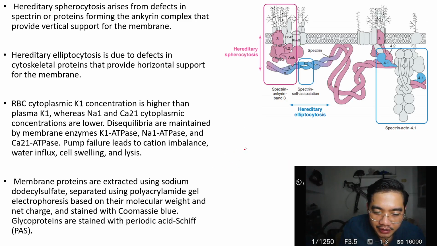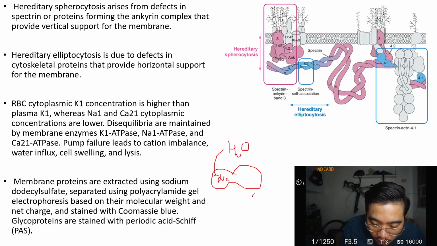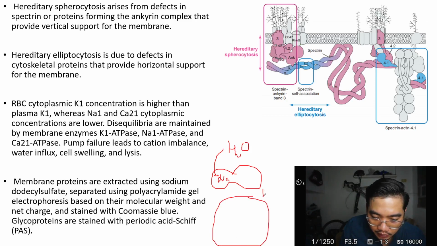So if there is more sodium inside of the RBC, then remember, where sodium goes, water follows. Our RBC will now become fat and big, filled with water.